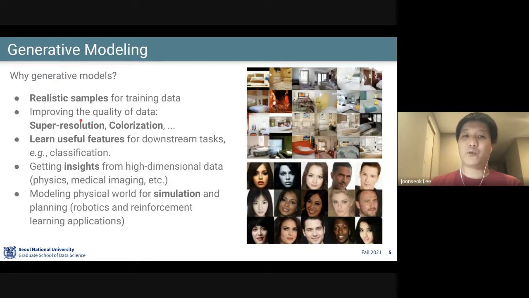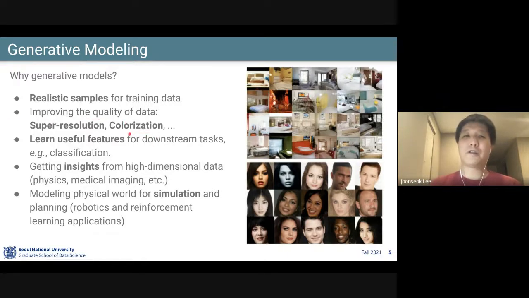Or we also would like to improve our models. We would like to improve the quality of the data, like super resolution, which we are going to cover today. Given some low resolution image, like 32 by 32 or 100 by 100, very small images, we would like to increase its resolution to make it more clear.